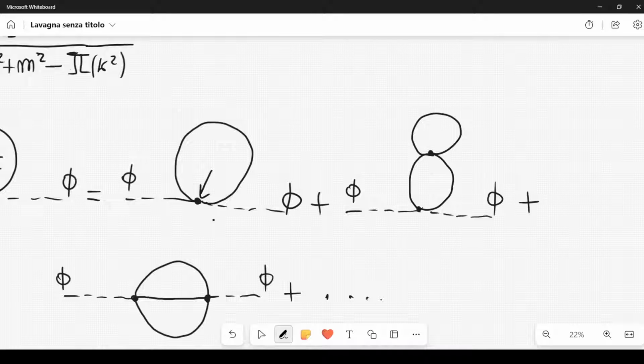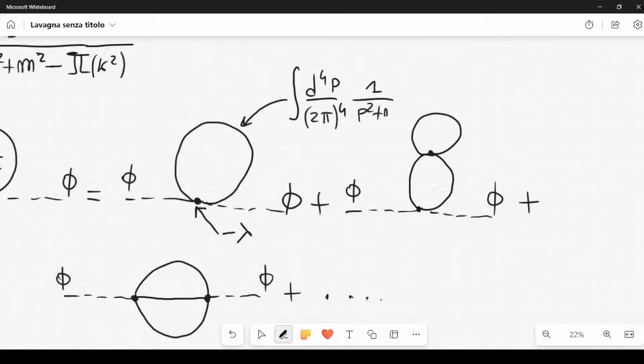So we have one vertex, and to the vertex we associate the factor minus lambda. Then to the loop, we associate the integral d^4p over (2 pi)^4, and then we have 1 over p squared plus m squared. So we have to integrate this propagator because the variable p is not defined inside the loop.